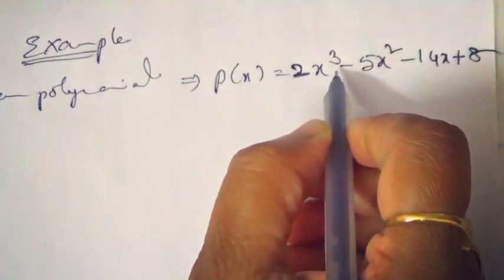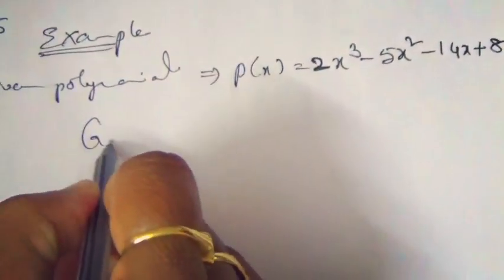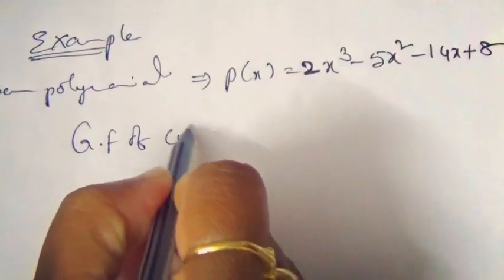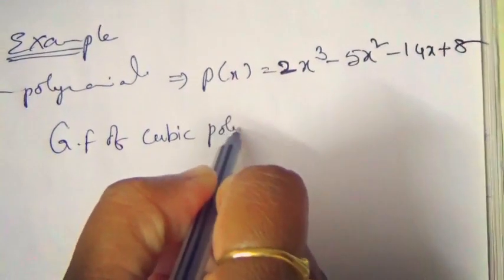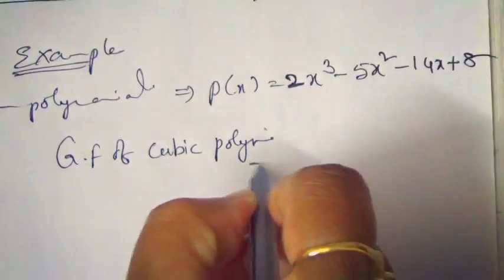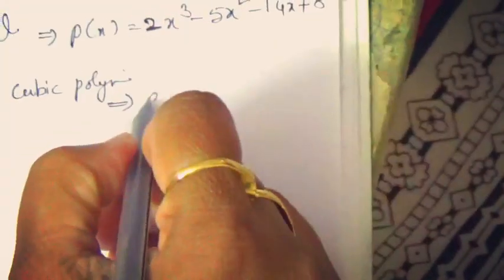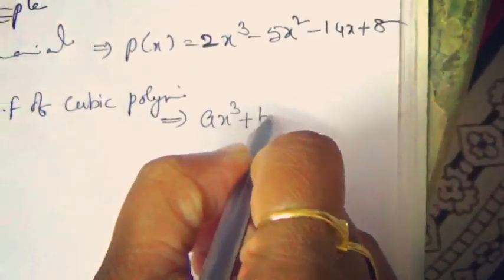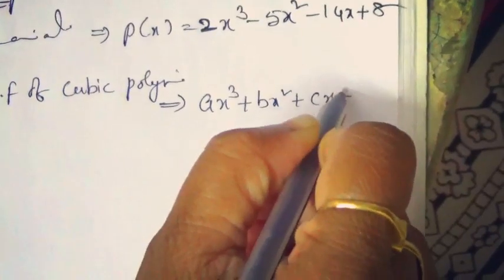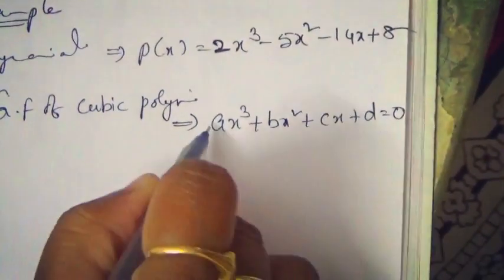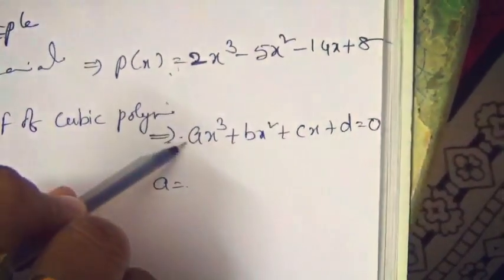The highest power is 3. What is the general form of a cubic polynomial? ax cube plus bx square plus cx plus d is equal to 0. When you compare these two, what is the value of a?